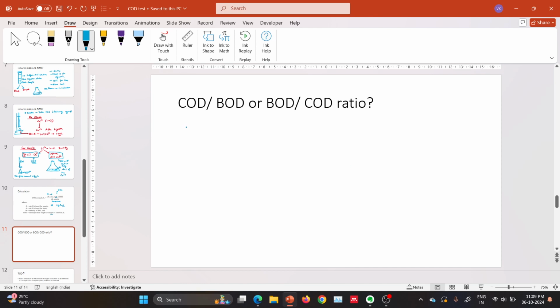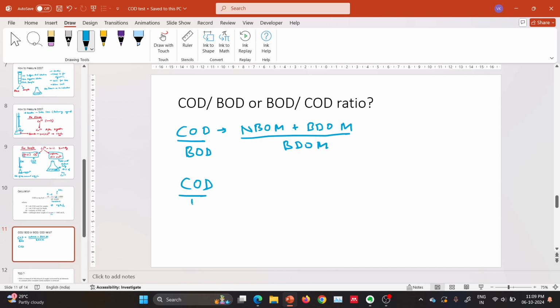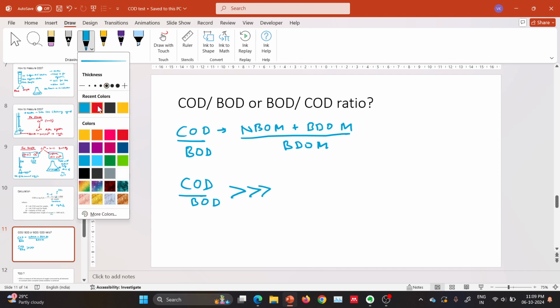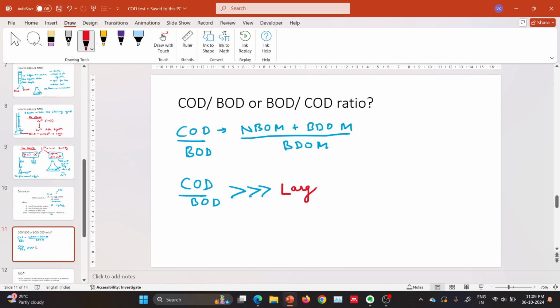COD oxidizes non-biodegradable organic matter plus biodegradable organic matter, and if I divide it by BOD, biodegradable organic matter, so if the COD by BOD ratio is large, it means non-biodegradable organic matter is more.